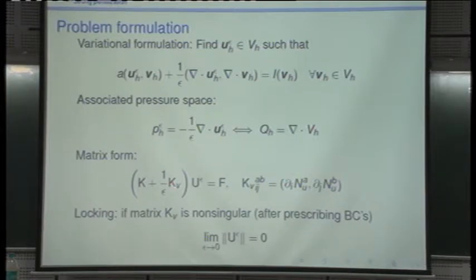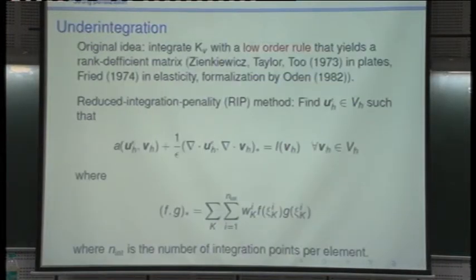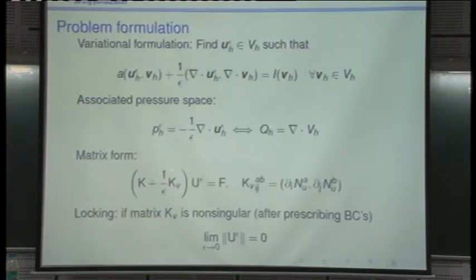Okay. So the idea that some people had was to try to make it singular, to approximate it by a singular matrix. And the way to do that is using what is called under integration. So use a low order quadrature rule, integration rule, that yields a rank deficient matrix. That sounds strange, you know. Then we'll see the justification.